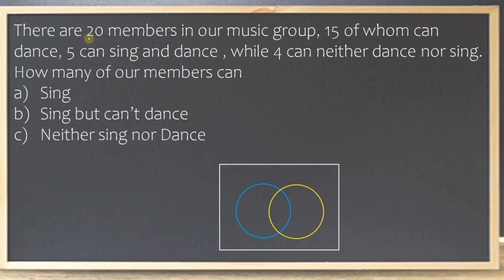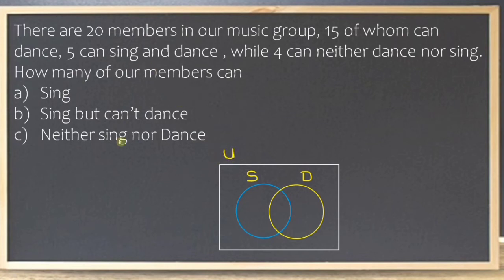In the set of 20 members in the musical group, some can sing and some can dance. So the two subsets are the set of singing, which we call S, and the set of dancing, which we call D.